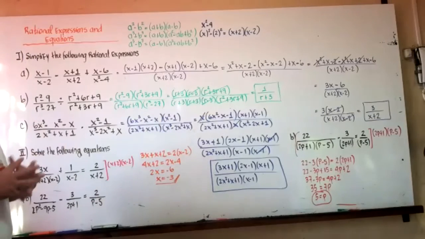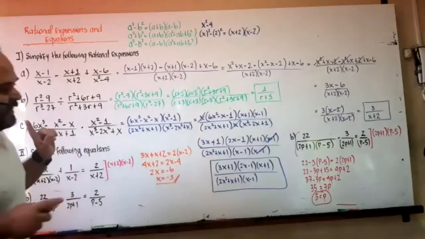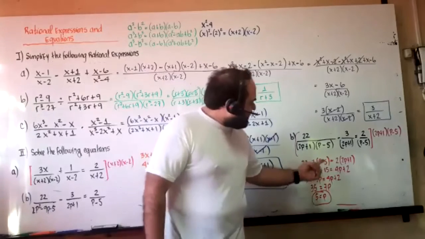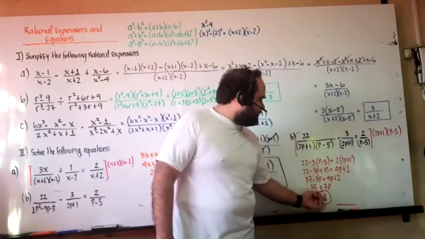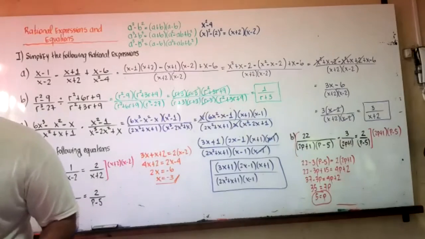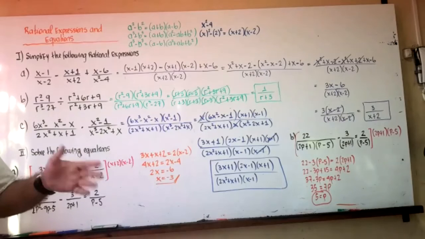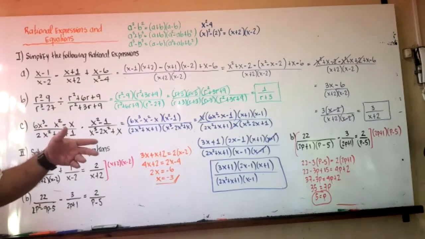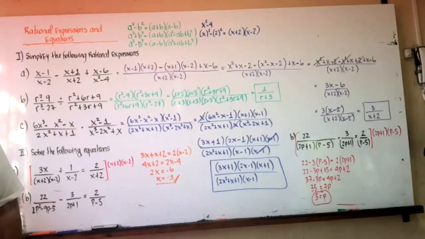Remember that forbidden value has a name, the asymptote. As soon as you substitute p by 5, 5 minus 5 will be equal to 0, right? We can divide 0 by any number, but we cannot divide a number by 0.